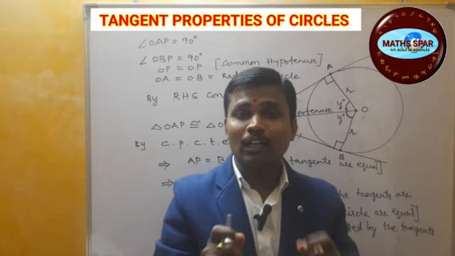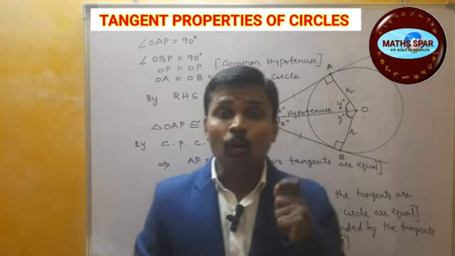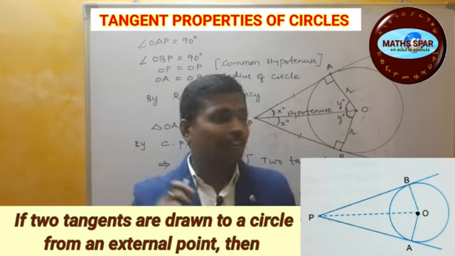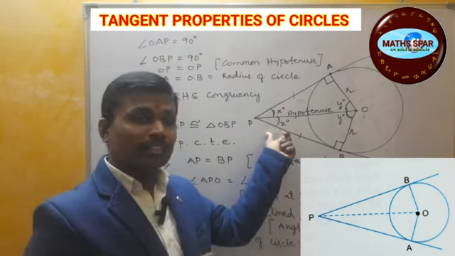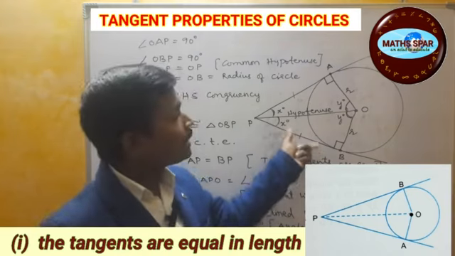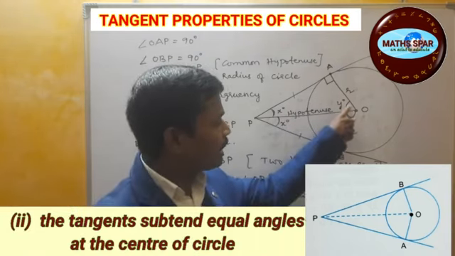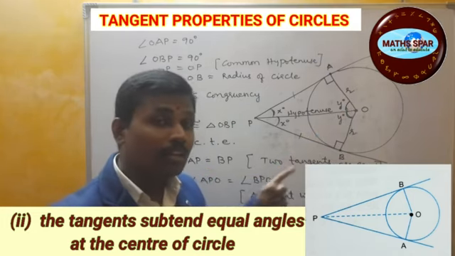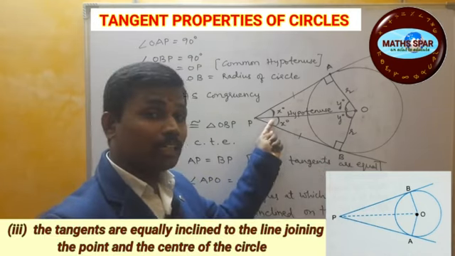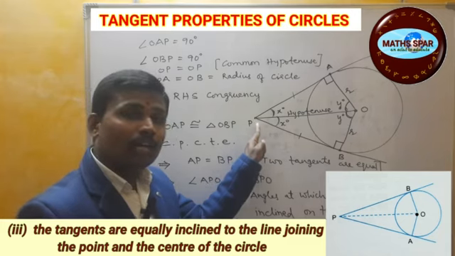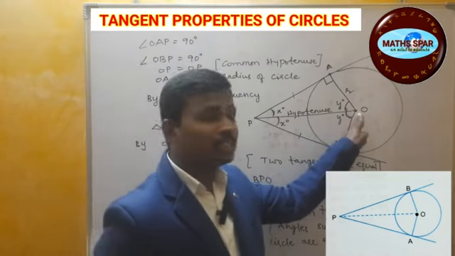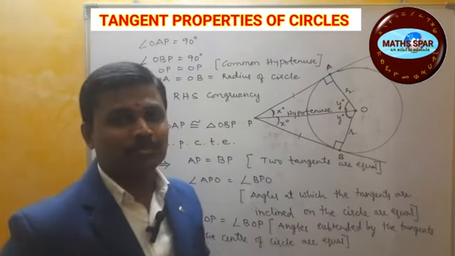So by this we conclude that if two tangents are drawn to a circle from an external point, the tangents are equal in length and they subtend equal angles at the center of the circle, and the tangents are equally inclined to the line segment joining the external point and the center of the circle.